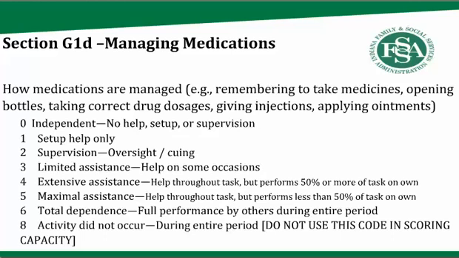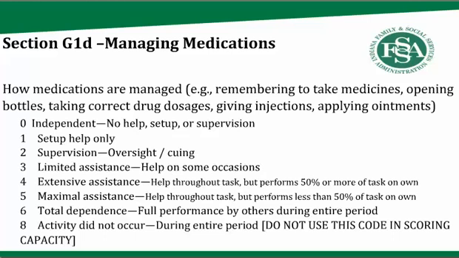As you can see up on the screen, there are quite a few codes that you're going to be capturing here. Independent: there's no help, setup, or supervision needed for this person to manage their medication. Setup help: they need maybe somebody just to put the medication within easy reach for them to take.